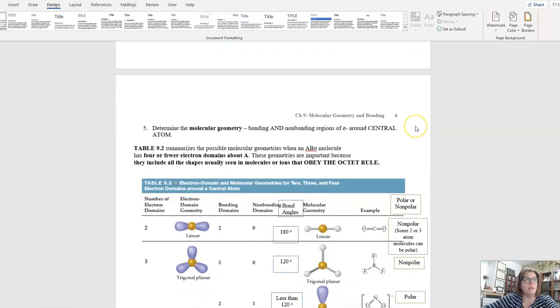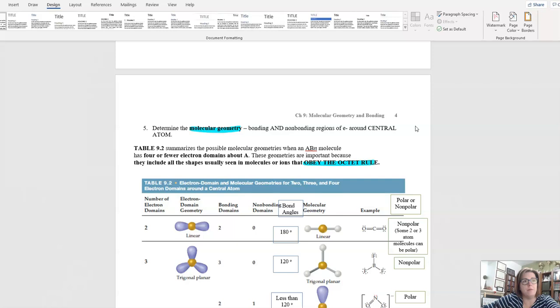Then determine the molecular geometry, bonding and non-bonding, around the central atom. Table 9.2 summarizes the possible molecular geometries when an AB_n molecule has 4 or fewer domains. These geometries are important because they include the shapes that meet the octet.